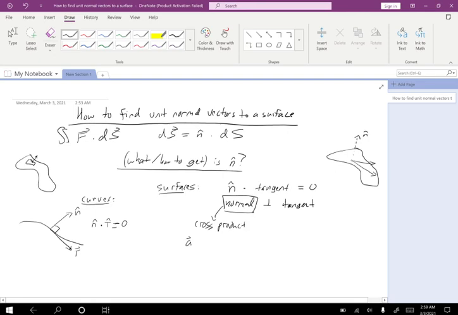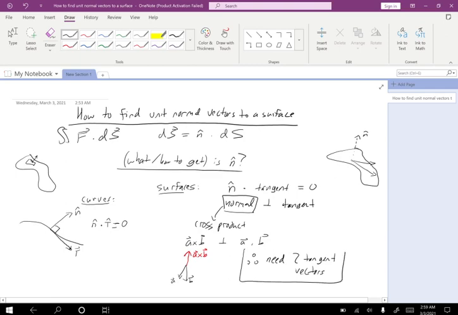Right, because if we have A cross B, this is actually perpendicular to both A and B. Right? So all we need is two tangent vectors.